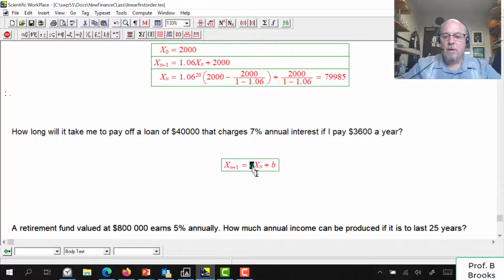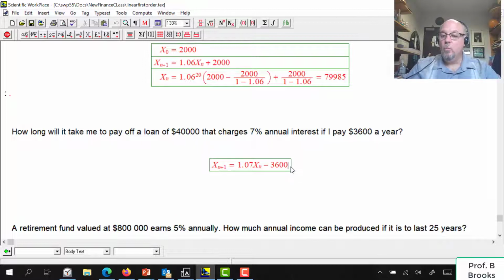So it takes my loan amount, X sub n is my loan amount, and it multiplies it by 1.07. And then in the investment example, I added to the amount. In this case, I'm paying the debt down, so I'm subtracting 3,600. So my B is negative 3,600.